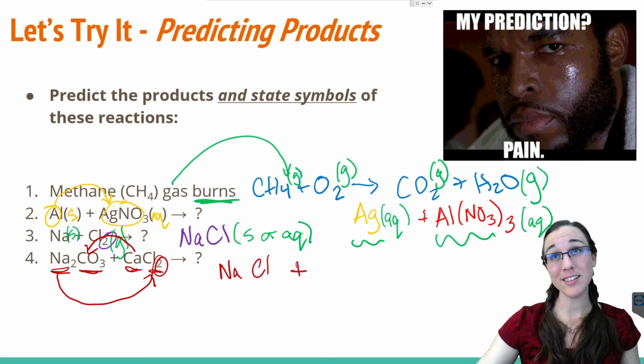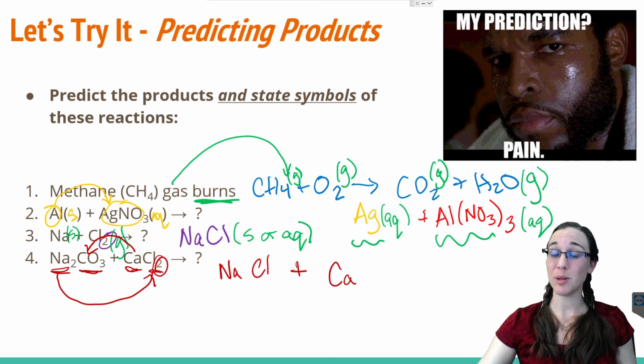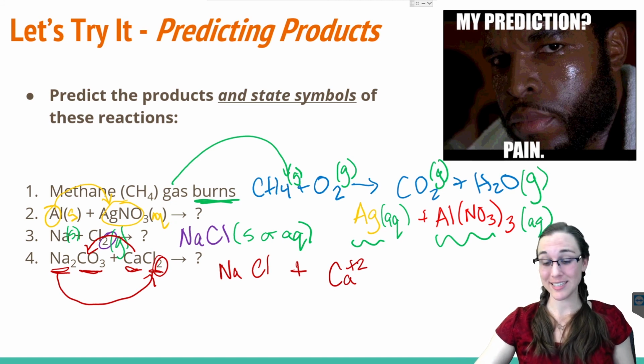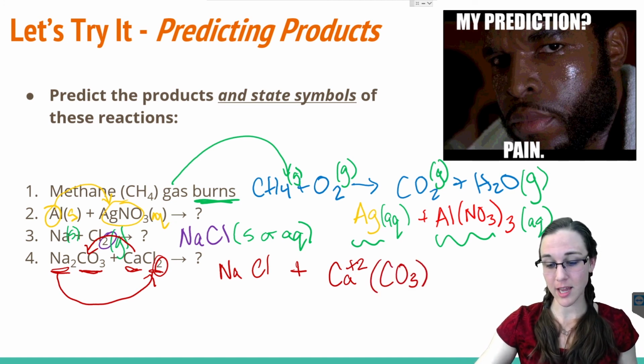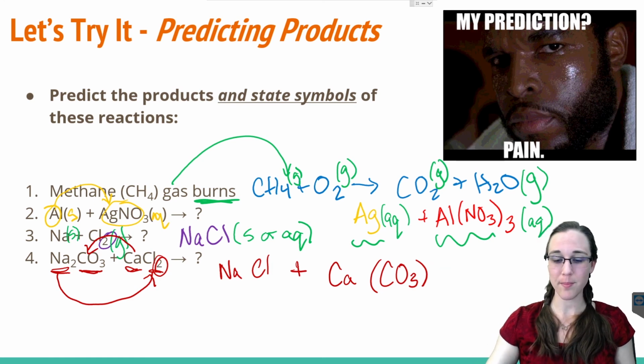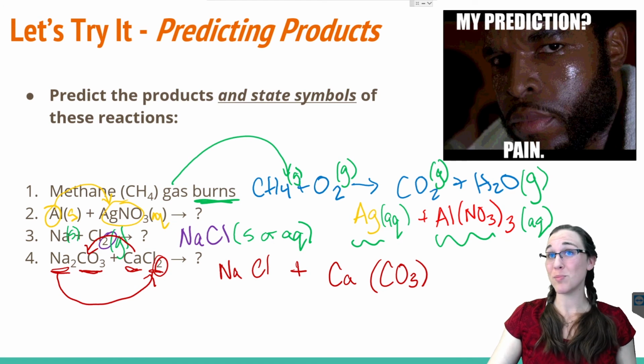Plus, calcium is our cation for the second molecule, and calcium forms a +2 charge. And we're going to pair it now with carbonate, CO3, which is a polyatomic ion with a -2 charge. Conveniently, those two cancel out, so we don't even have to do drop and swap. And we're done with predicting the products there. What about the states? Anytime we have a double replacement reaction, the likelihood of it being all aqueous is pretty high.